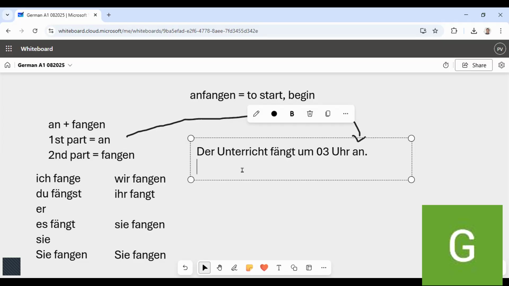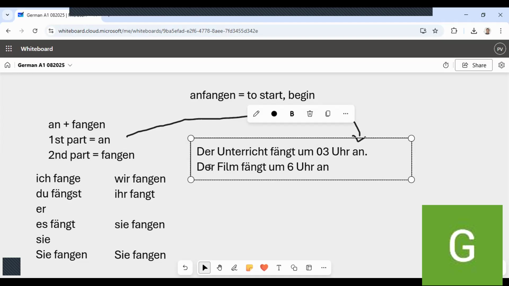Film is Film; the cinema is Kino. Der Film fängt um 6 Uhr an. Very good. So the film will start at 6 o'clock. An will come at the last, okay, and fängt will be complete.